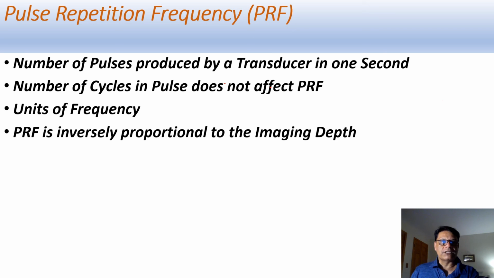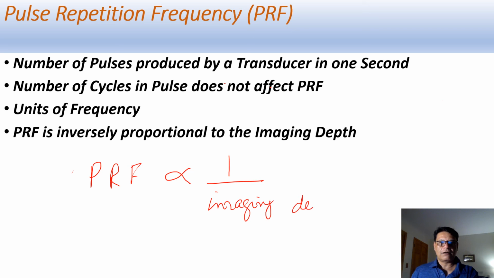Pulse repetition frequency is inversely proportional to the imaging depth. It means if you increase the imaging depth, you will decrease the pulse repetition frequency.